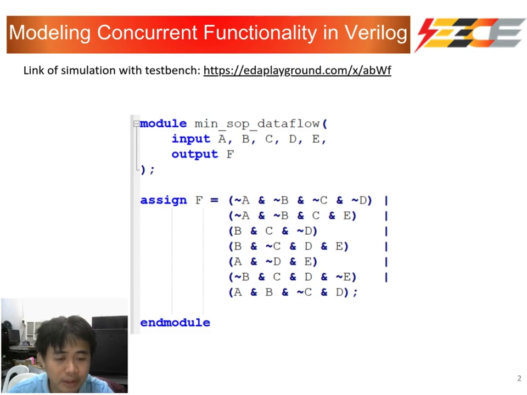Each min term represents a condition where the output F is 1, and all terms are combined to form the sum of products. This design is purely combinational, meaning F depends only on the current input values, making it clear and efficient to describe the logic behavior in Verilog.